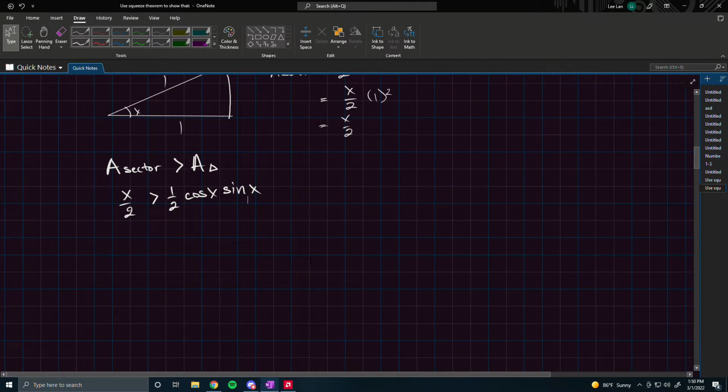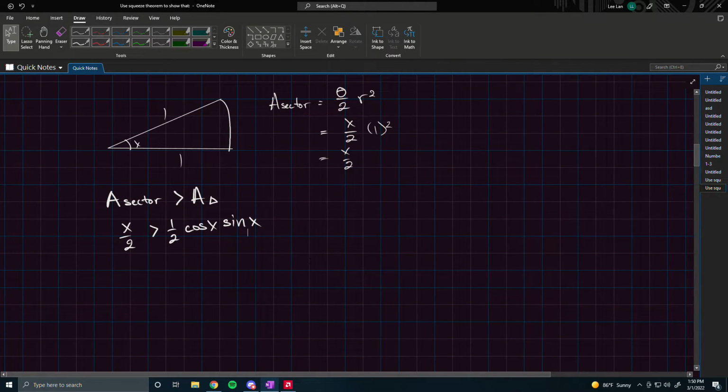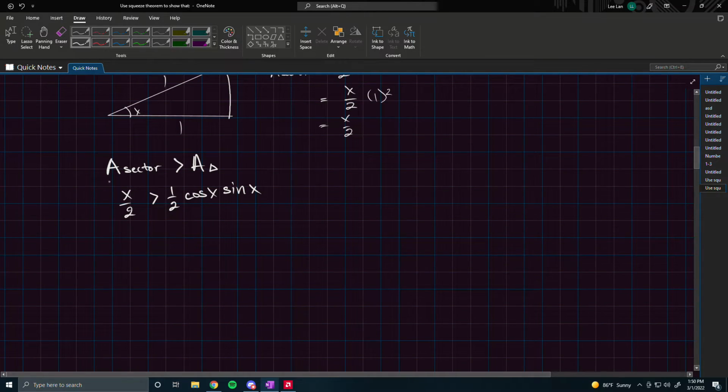Then let's do some algebra to manipulate this in a way that we can recognize. They all have a 2, so I can get rid of that. So I have x is greater than cosine x sine x.